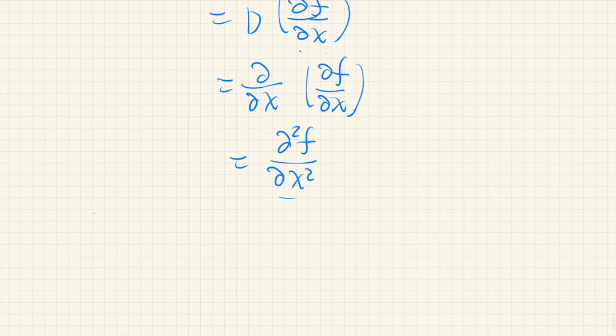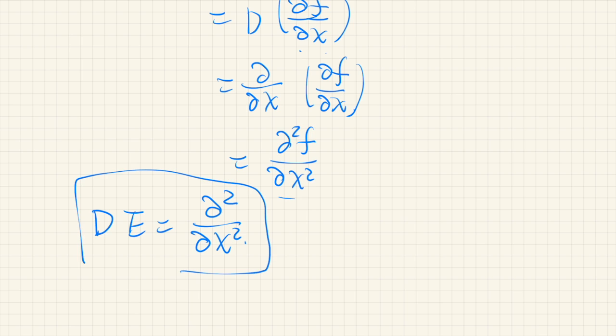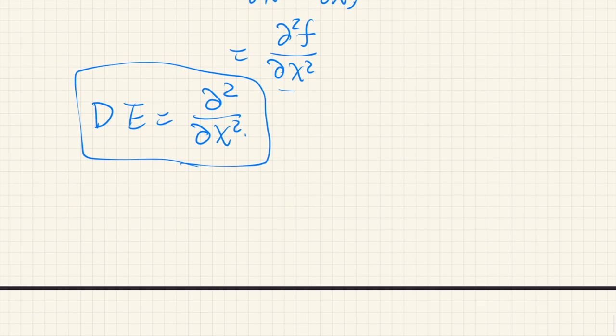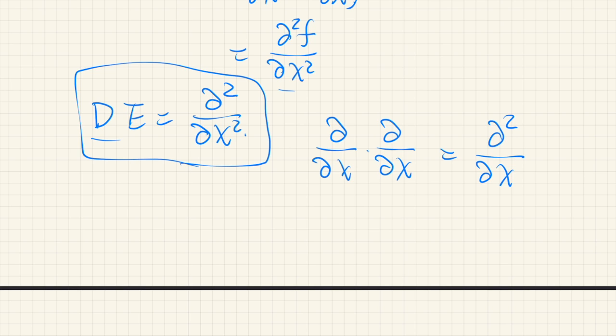So that means de is a differential operator defined by this. Okay. So to be explicit, this is like this, and this is equal to this. So it's very formal, but it's very convenient, and it makes sense.